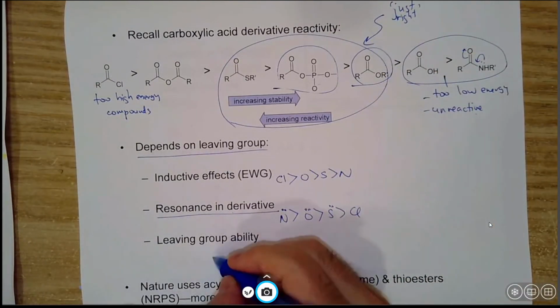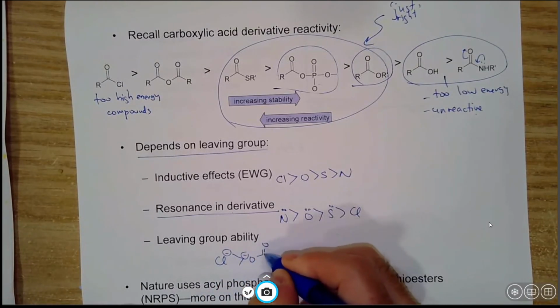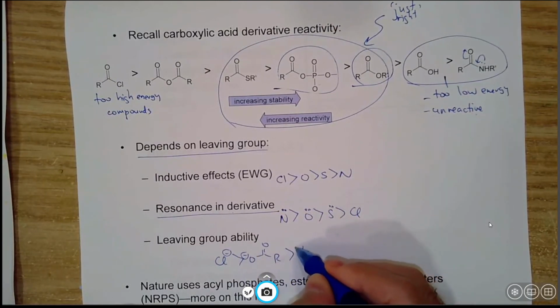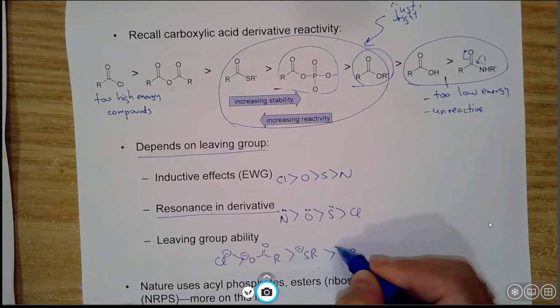And then finally, leaving group ability. Chloride anion is a very good, stable leaving group. With an anhydride, if it leaves, you get this carboxylate, and again, this is stable because of resonance. That's better compared to thiolate or alkoxide.